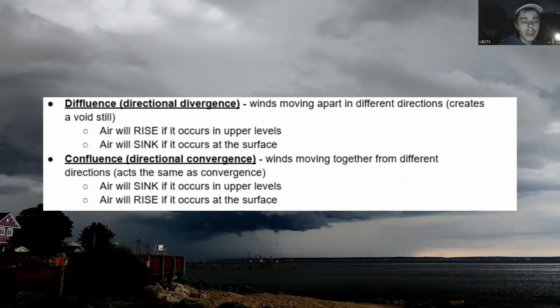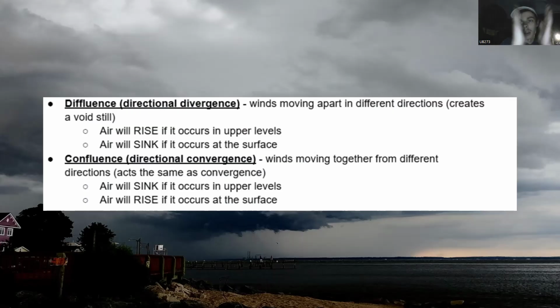We also have other things called difluence and confluence. Difluence is basically directional divergence. So that is still going to be divergence, but divergence in directions. You can see that winds would be moving apart in different directions.